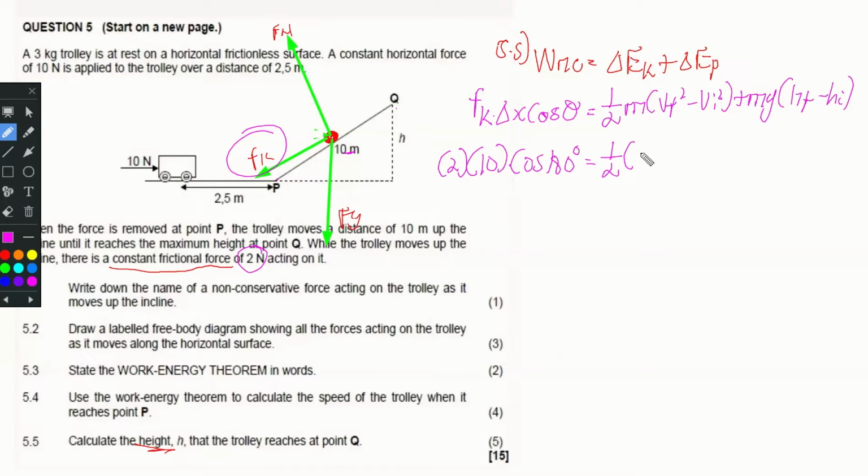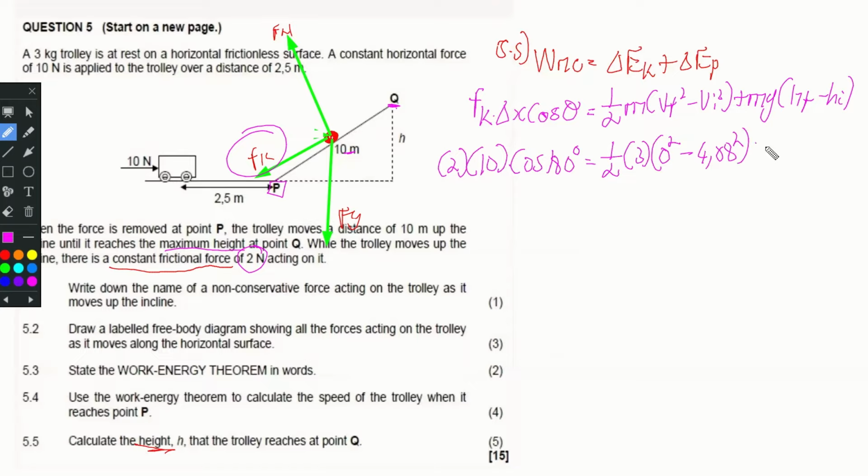The mass is 3 kg. Final velocity, they say when it reaches the maximum height at point Q. So we did mention that at maximum height point Q, that means the velocity there will be 0. And then initial velocity, that has to be the speed that we calculated at point P, which is 4.08 squared.